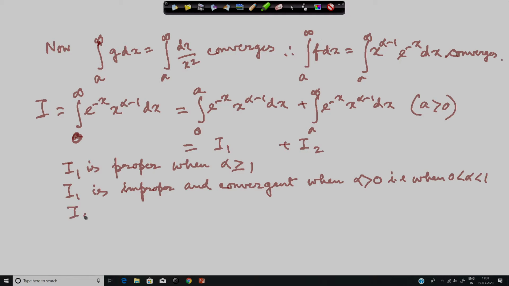And I2 is improper and convergent for all values of alpha.